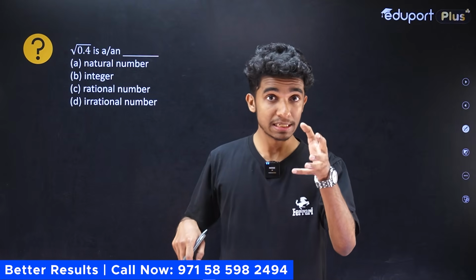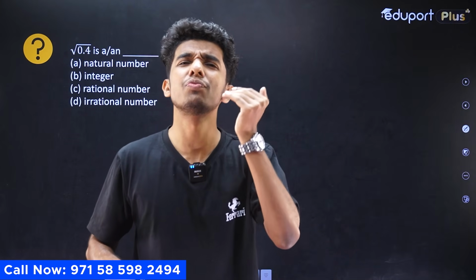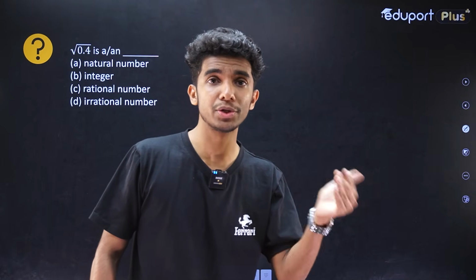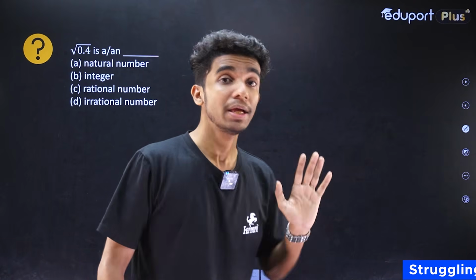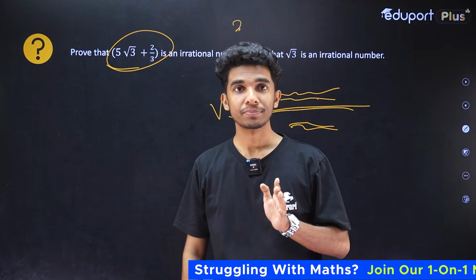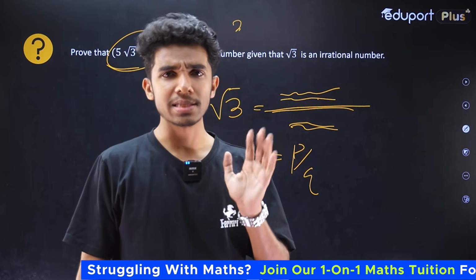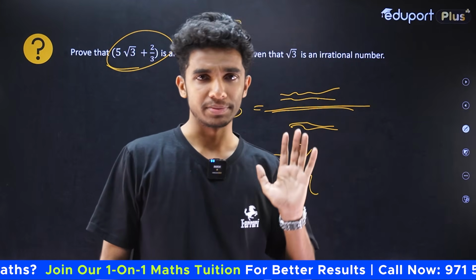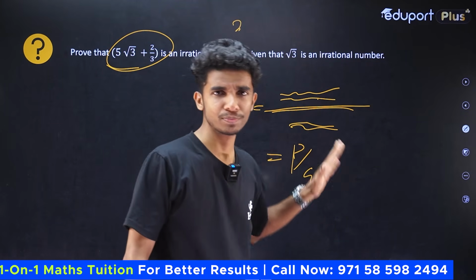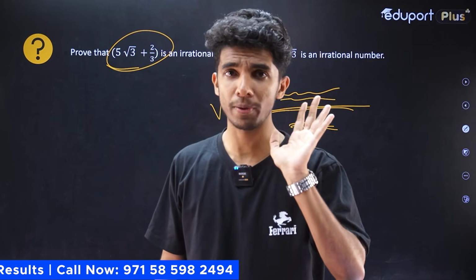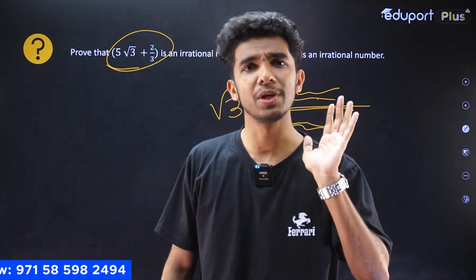That's why we first jumped to LCM and HCF, and to proving that numbers like this are irrational. We will also deal with the general questions in another section, like shorts or PYQs.